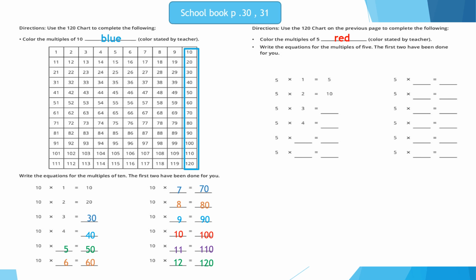In the next part of lesson 24, we will color the multiples of 5 in red. We know multiples of 5 always have 0 or 5 in the ones place. So the same column 10, 20, 30, 40, it's also multiples of 5.